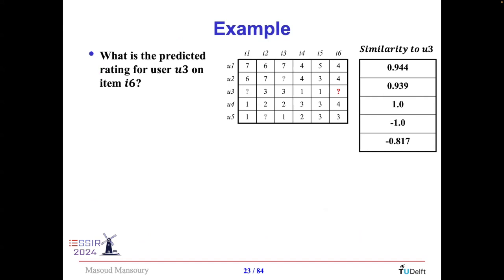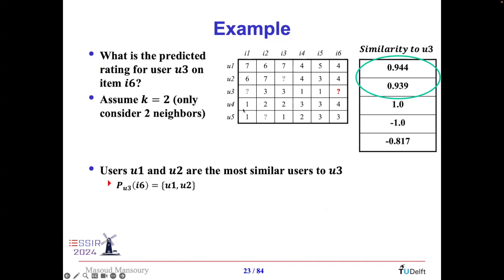Given this rating prediction equation and the similarity values we have for the neighbor users, for example, if we want to predict the rating for this question mark, for item I6 for user U3, and assuming that K is 2, we just want to work with 2 neighbors.